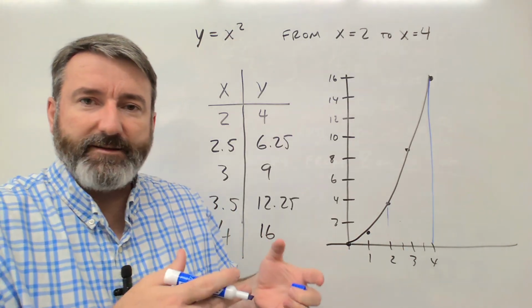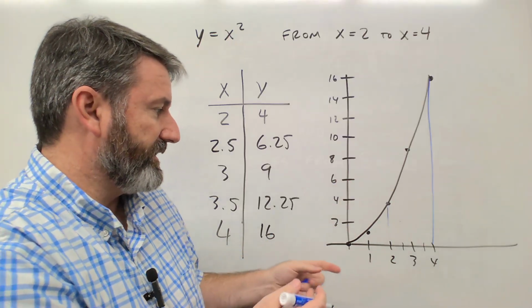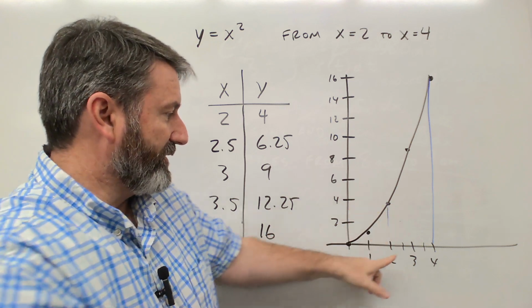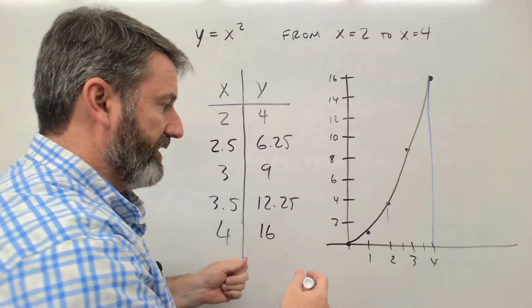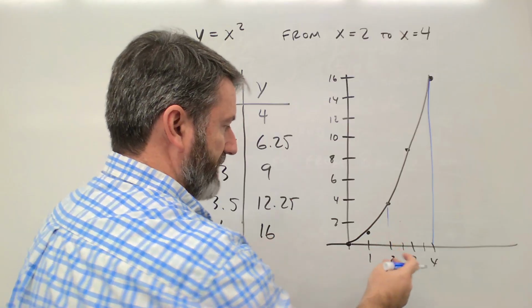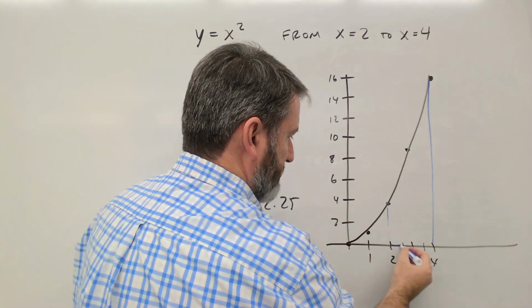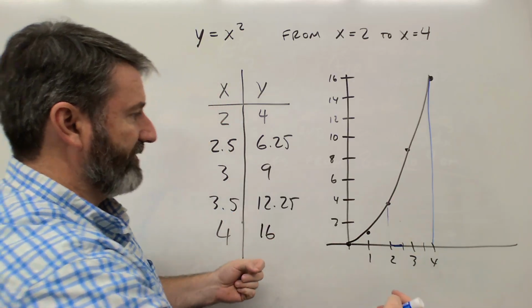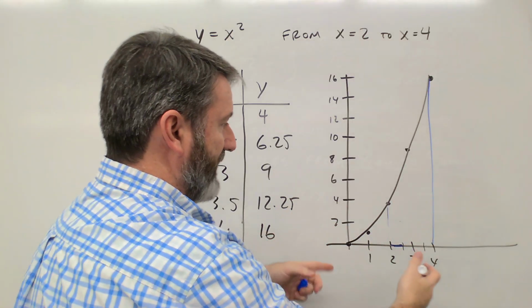And since we're asked to find a right endpoint estimation, that means we're going to use the height that corresponds to the right side of each of these rectangles. So for this first rectangle from 2 to 2.5, we're going to use the x equals 2.5 side.